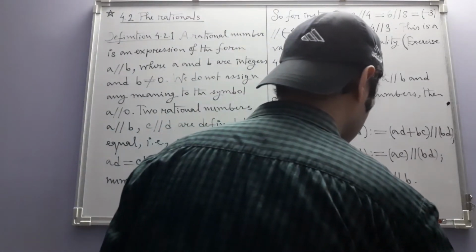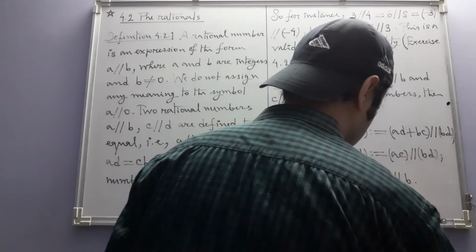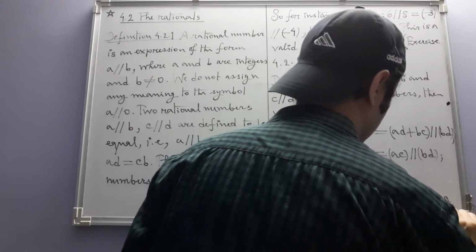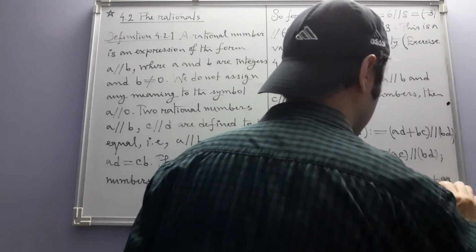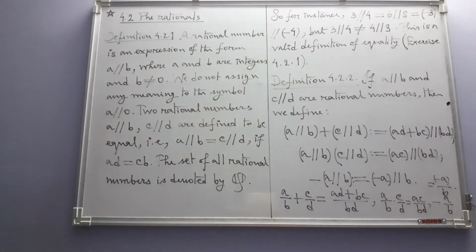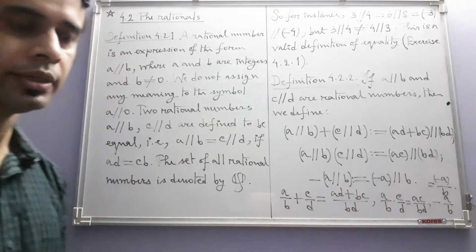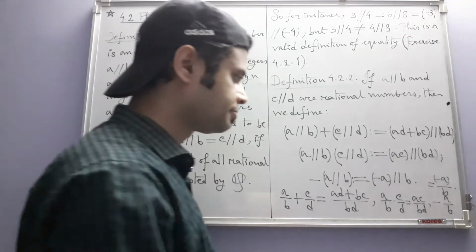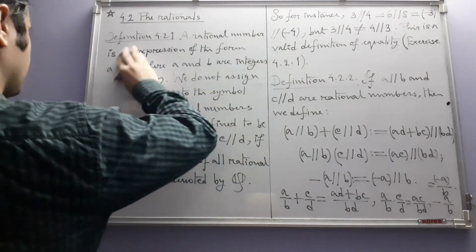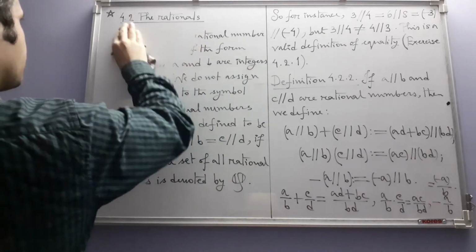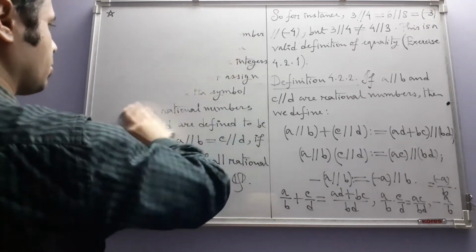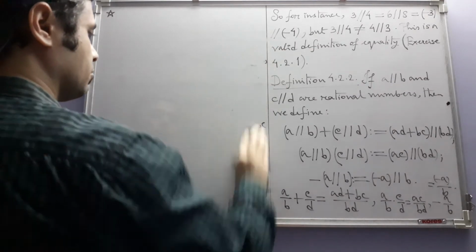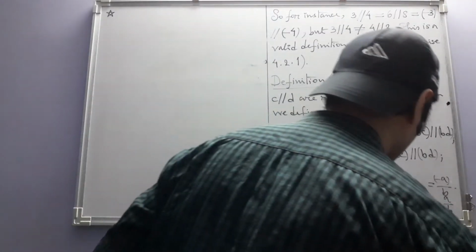Just like that, this is equal to AC by BD, and minus of A by B is equal to minus A by B. So from our prior knowledge of these things, we have been able to make these definitions. Okay.